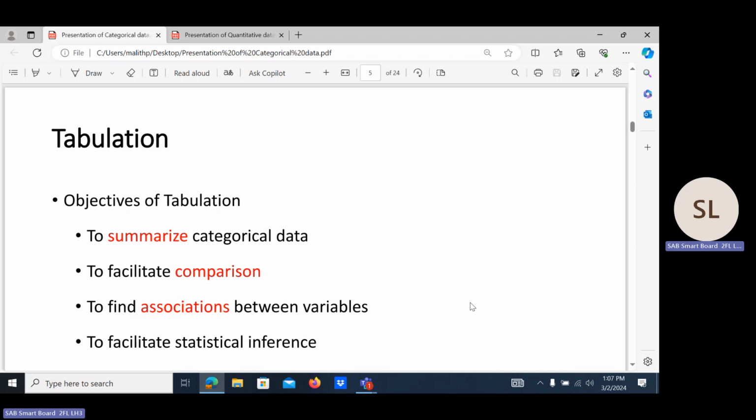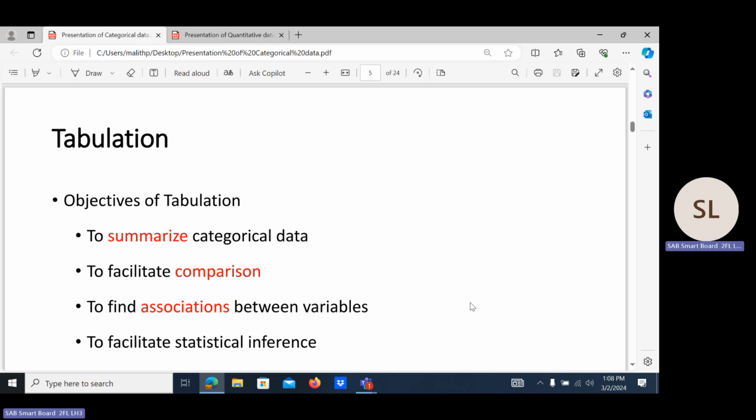Tabulation means the systematic presentation of the numerical data in columns and rows. Normally you know the table. In the table, there are columns and rows. Using the tabulation format, we can present the data in a systematic manner.